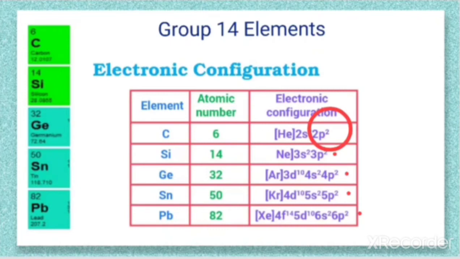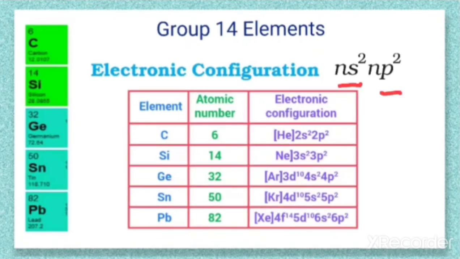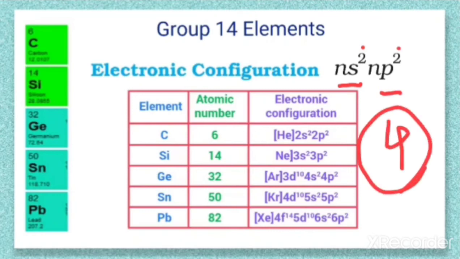The general electronic configuration is ns2 np2, because 2 electrons are in the outermost p orbital and 2 electrons are in the outermost s orbital. The valence electrons are 2 plus 2, that is 4. That is why we call them tetravalent. They form tetravalent compounds, and this tendency is called tetravalency. Usually carbon forms tetravalent compounds.